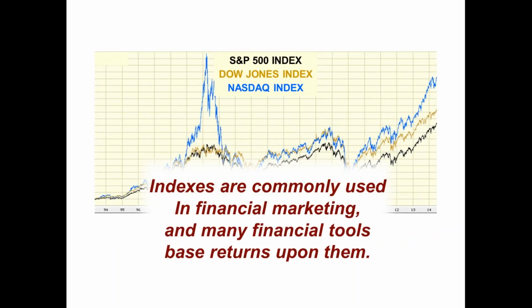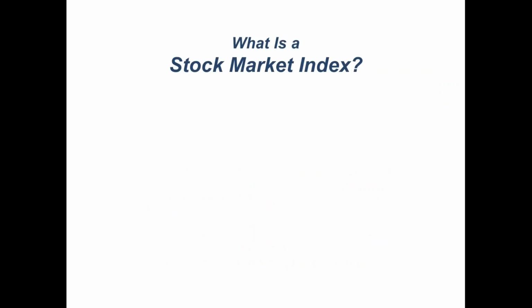As we know, there are all these indexes, and a lot of financial tools base returns upon them, not just indexed annuities or indexed life insurance, but index funds. We've all heard of index funds and index ETFs, where they're using these same exact indexes or close to it anyway. Index funds work slightly differently, but don't worry about that now.